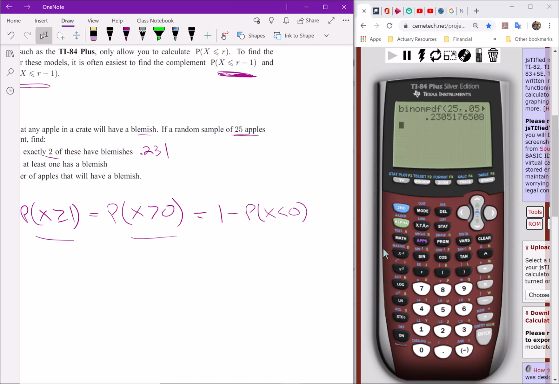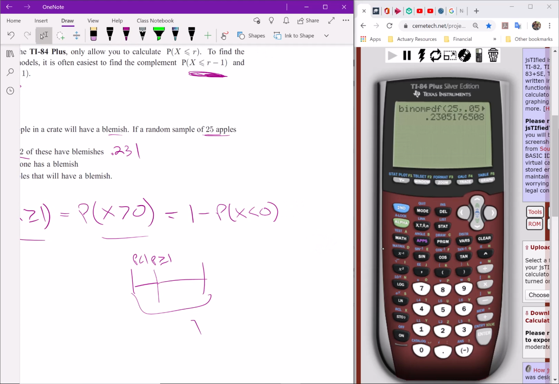If you imagine a probability here that it's greater than or equal to 1, and a probability here where it's less than 1, then the total probability has to be these together. The total probability is 1, so if I know this one, I can find the other by doing 1 minus this one. Hopefully that's not beyond you.